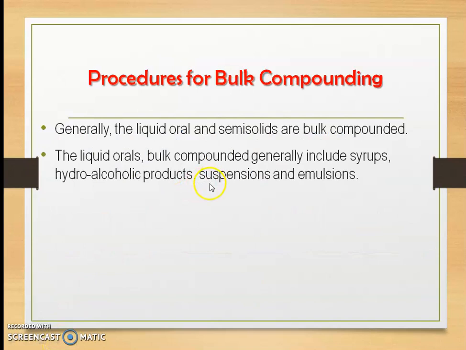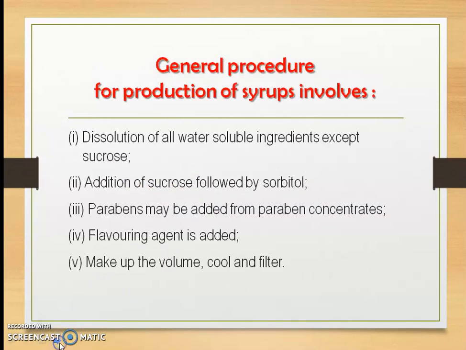Then, the procedure for bulk compounding. Generally, liquid orals and semi-solids are bulk compounded. The liquid orals bulk compounded generally include syrups, hydroalcoholic products, suspensions and emulsions. The general procedure for production of syrup involves, first, dissolution of all water soluble ingredients except sucrose, then addition of sucrose followed by sorbitol.